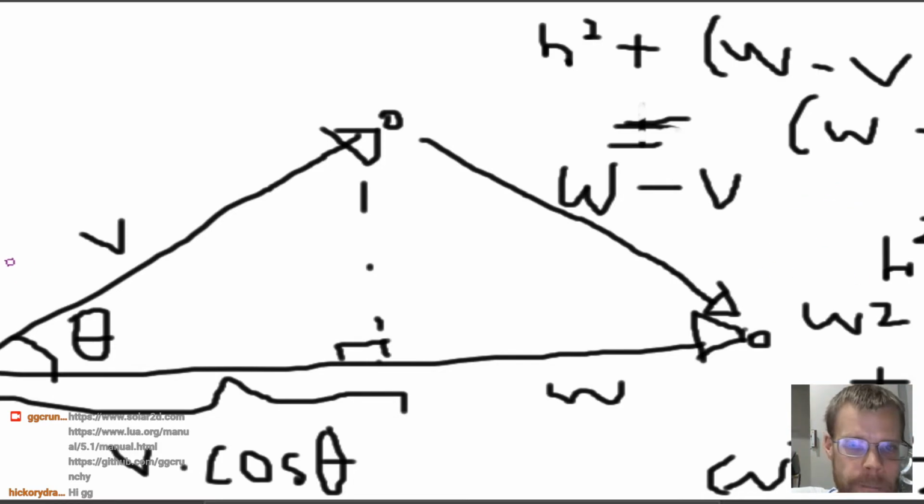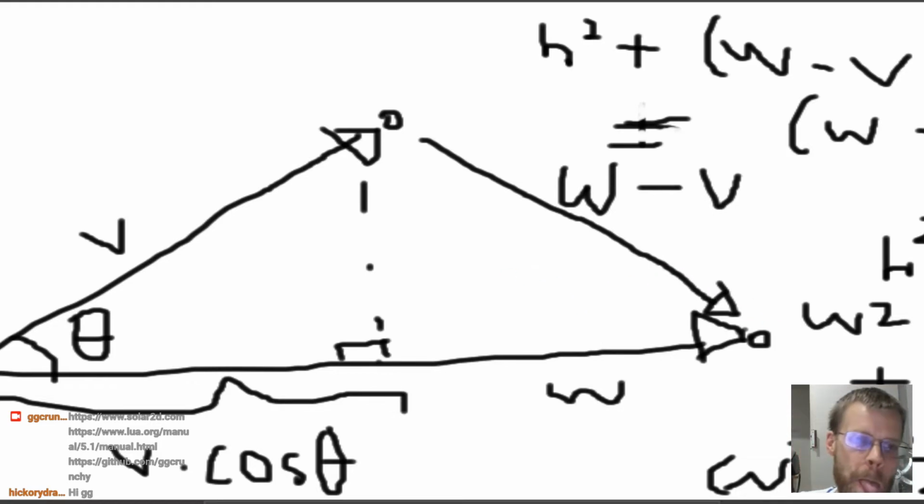And on this side, it's V squared equals H squared plus V squared cos squared. You might be able to see where this is going slightly.